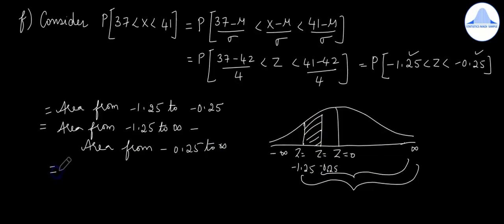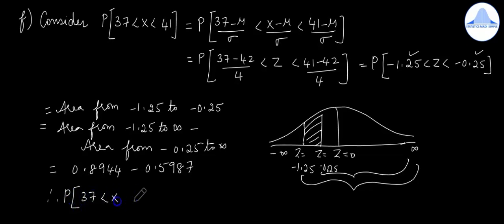So this is equal to 0.8944 minus 0.5987. So the final answer is probability of 37 less than x less than 41 is equal to 0.2957.